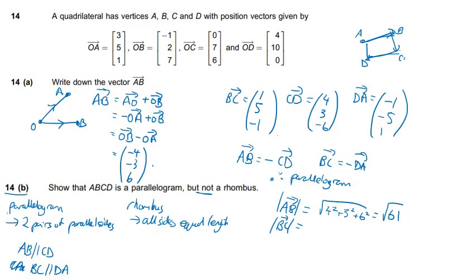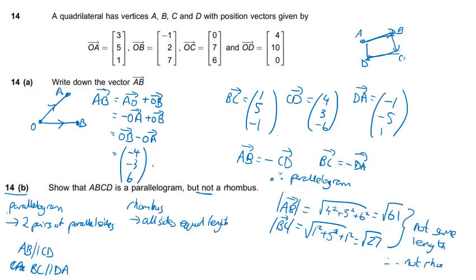We don't need to check CD because that'll be the same length. BC is the square root of 1 squared plus 5 squared plus 1 squared, which is root 27. So not the same length, and therefore not a rhombus.